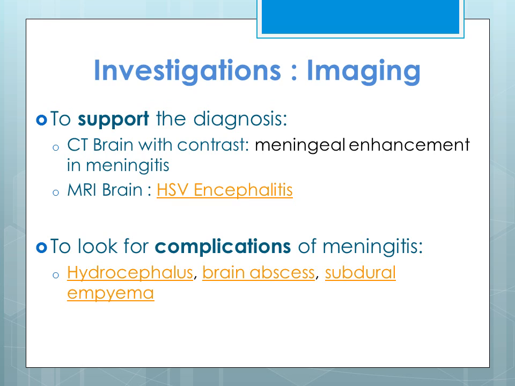For example, CT brain with contrast may demonstrate meningeal enhancement in meningitis. MRI brain is particularly useful to show typical changes in temporal lobe associated with herpes simplex encephalitis. Brain imaging is also indicated if we suspect that the patient has developed complications of CNS infections such as hydrocephalus, brain abscess or subdural empyema.